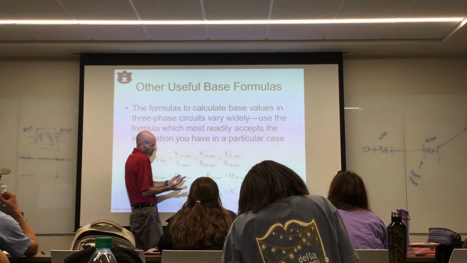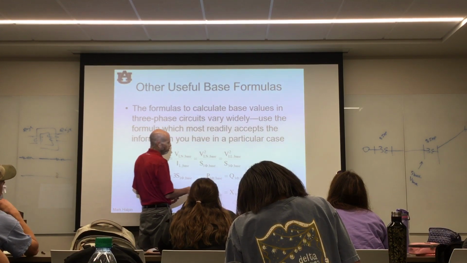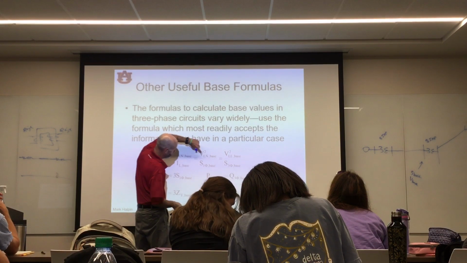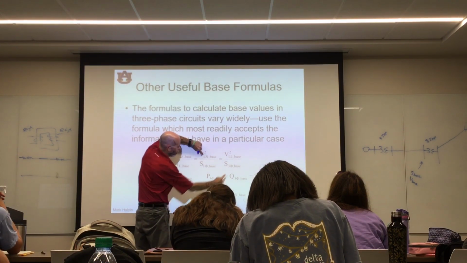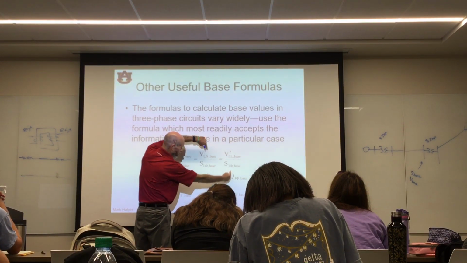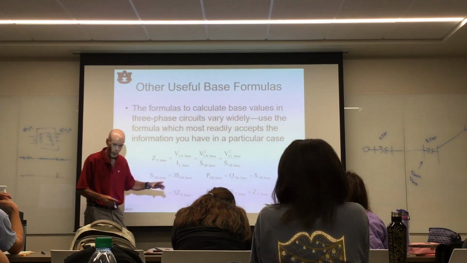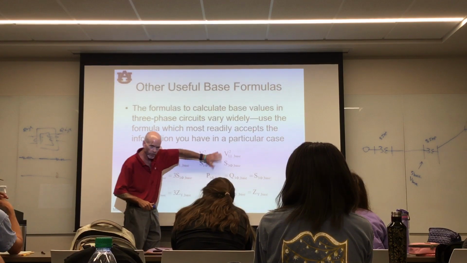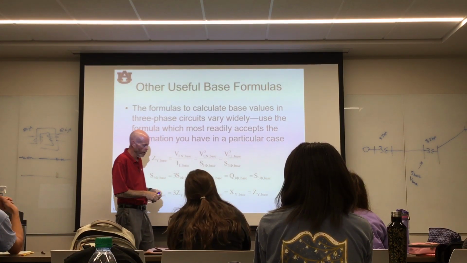If you do per unit correctly, this and this will give you the same number. But if you get this numerator and that denominator, or any combination of those other than the one shown, you're not going to get the same number. It's easy to get this fouled up. Much easier than you think.